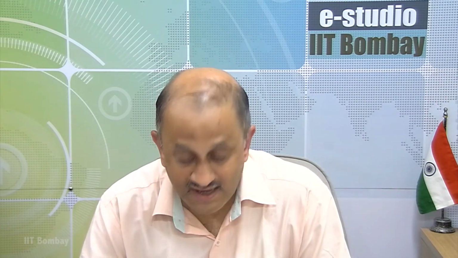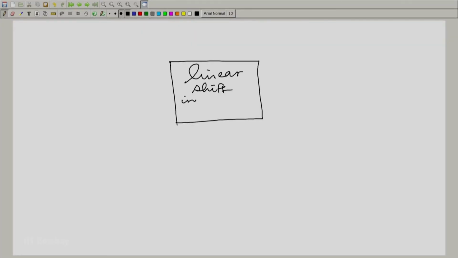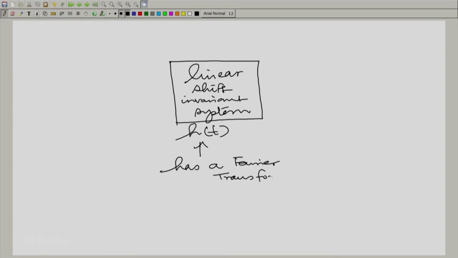So, in fact, this also tells us that if you look at the linear shift invariant system which has a frequency response, then you can see how the energy is going to get affected in the output. In fact, now let us look at that aspect in a little more detail. So, if you have a linear shift invariant system and it has an impulse response h(t), and this has a Fourier transform, let us call it capital H(omega).